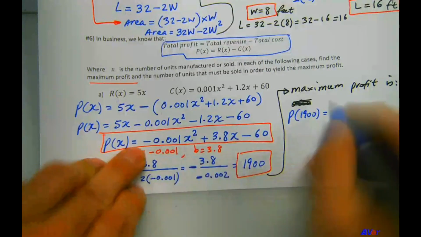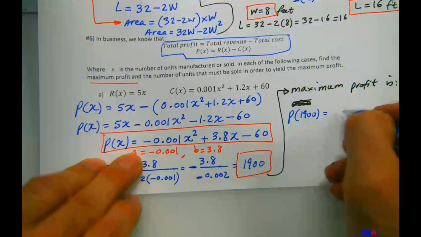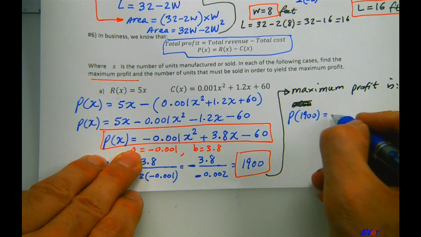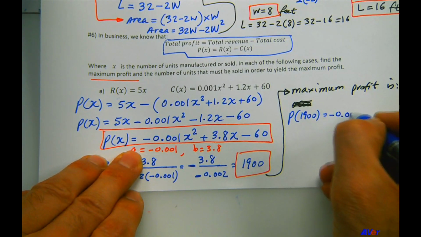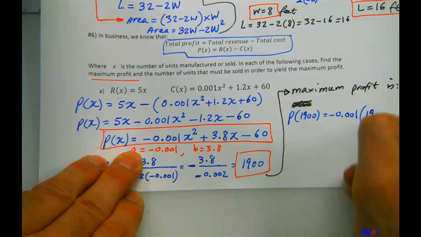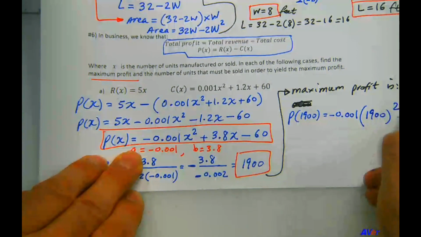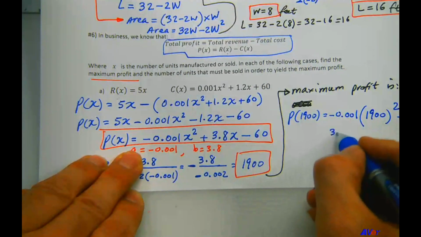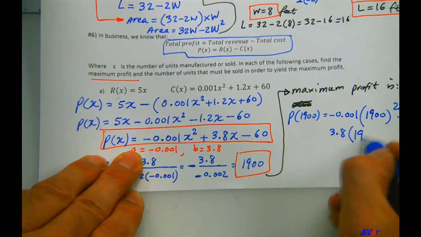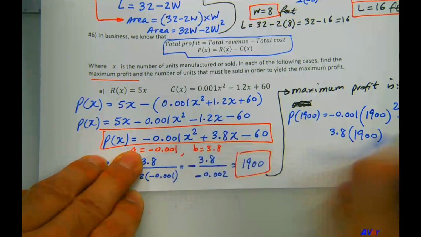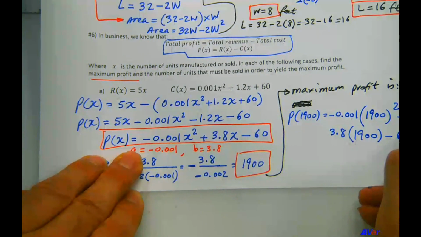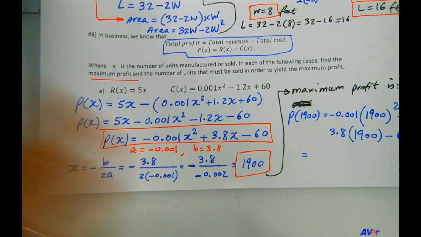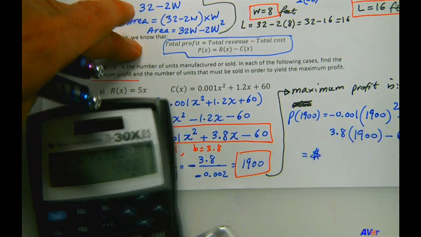I might have to stack because I'm running out of space here, so pardon me if I wrap this around. So minus 0.001 times 1900 squared, plus 3.8 times 1900, minus 60, right? So let's do the algebra.